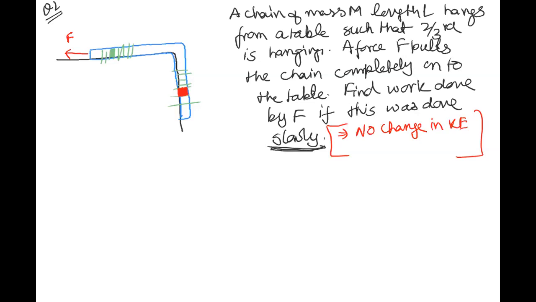So here we have 3 points of interest. One is this point, which is the end of the chain. One is this point, which is the other end of the chain. And one is the edge of the table. मैंने डॉट यहाँ बना दिया है, but ये डॉट यहाँ है actually. You can choose any points.